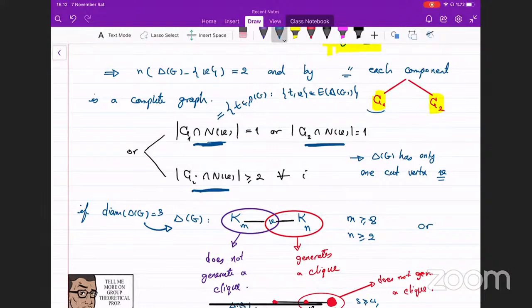So considering each of these cases, you can see that we have exactly 1 cut vertex.